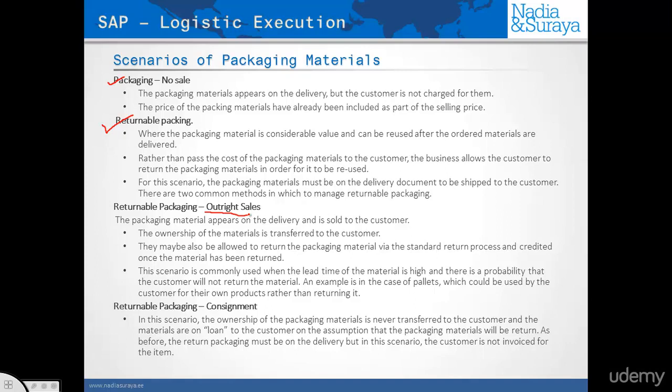And the third is where it takes a very long time for the customer to return it. A good example of this is when you purchase LPG gas or butane gas in those big cylinders, the ones that have maybe 20 or 30 liters of gas that you use for cooking or for barbecue. You go to the shop, you buy the gas, and you also buy the cylinder in which the gas comes. You then go home, use all of the gas, and take the empty cylinder back to wherever you bought it from.